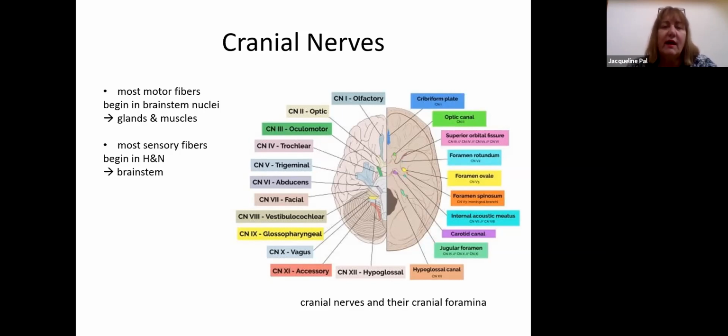In contrast, most of the cranial nerves that have sensory fibers, those sensory fibers are coming from the head and upper neck area, and then they're going to the brainstem for most of them. Okay, it's not an absolute. Stick with that word most for both of these, because I'll be showing you as we go along where there are examples of things that are different. So let's go ahead and get started.